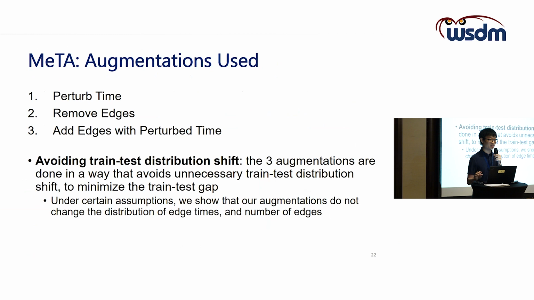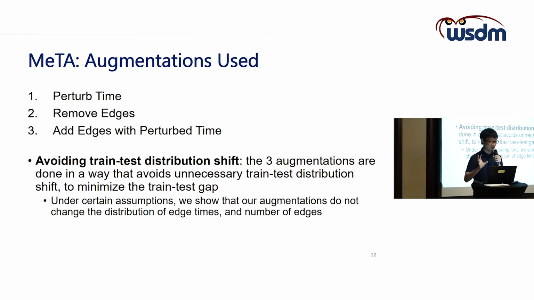Okay, so this approach can be used to support any type of augmentation that you may want to do on the graph. So it's very flexible. But in this paper, we particularly used three augmentations: to perturb the timestamps, to remove edges, as well as to add edges with perturbed timestamps. We do this in a way that tries to avoid the train-test distribution shift. Data augmentation is generally applied during training time, but not during test time.